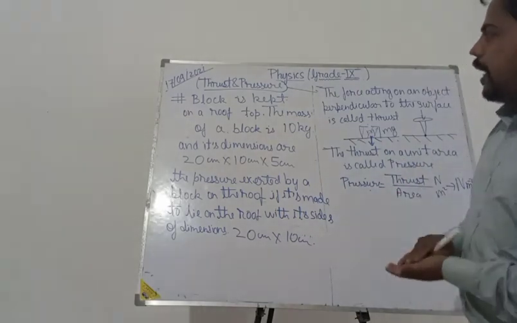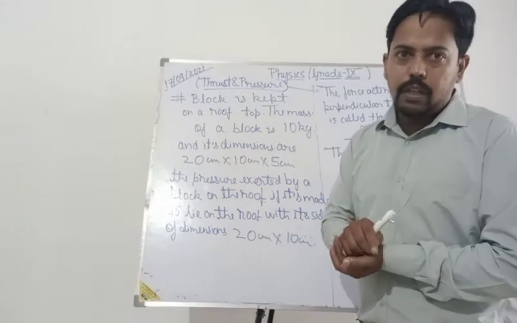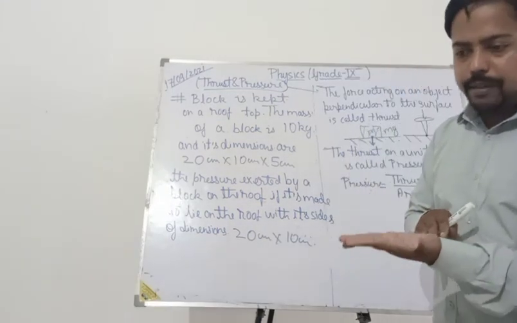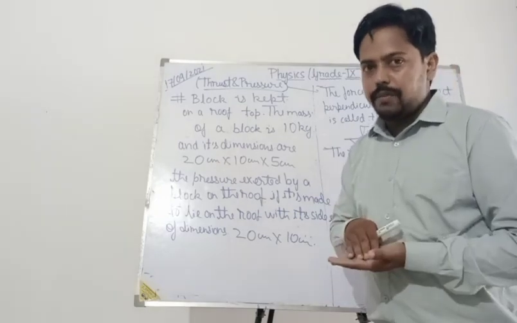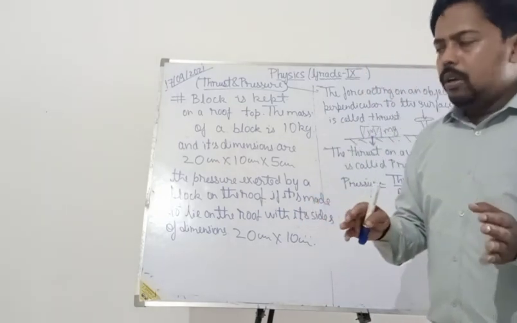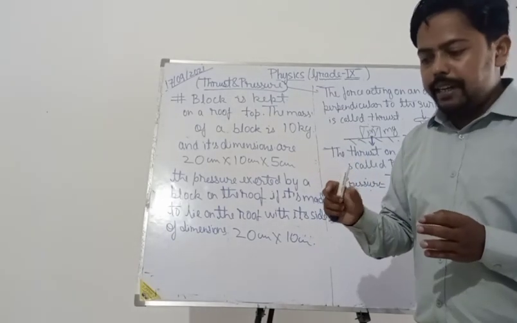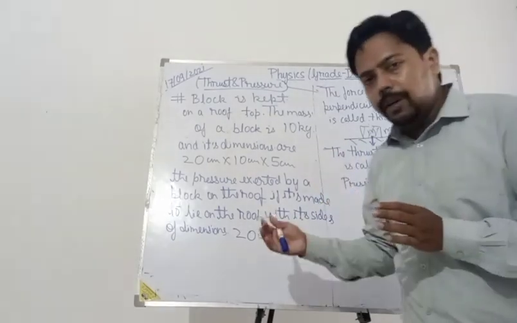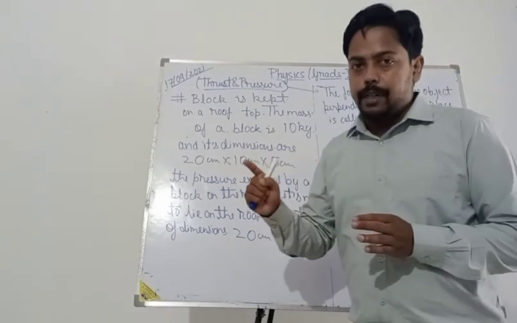Let us assume that the block is very close to the earth surface, that means the roof is almost lying towards the earth surface. For that condition, the value of g will be equal to 9.8 meter per second square.